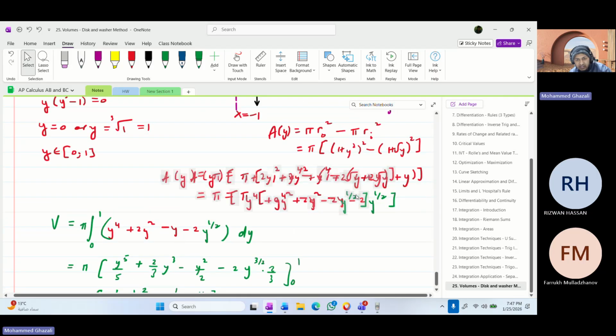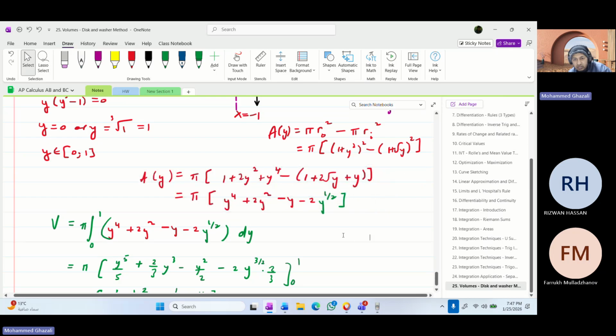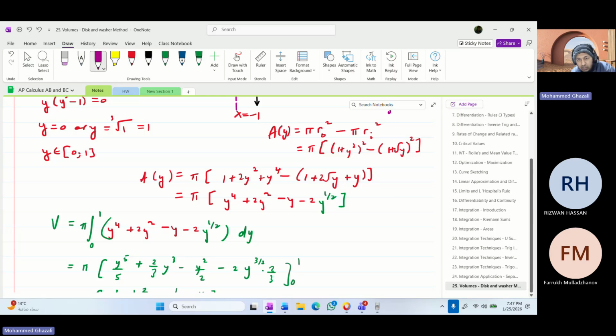Obviously, if you get a negative answer, you know the answer is incorrect. So it's just squaring a binomial. That should be a negative and that should be a positive. Outer minus inner. What am I doing? Outer minus inner is correct.